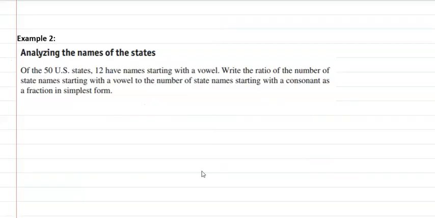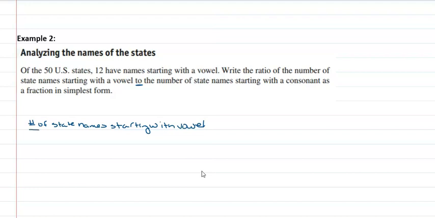Okay, I'm going to give you just a moment to read this problem. Okay, so this is about the number of state names starting with a vowel to the number of state names starting with a consonant.